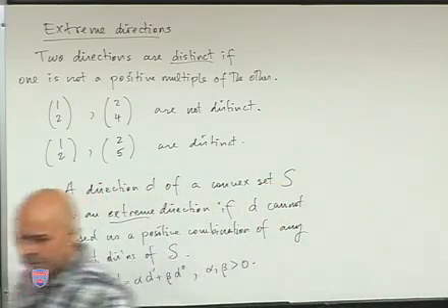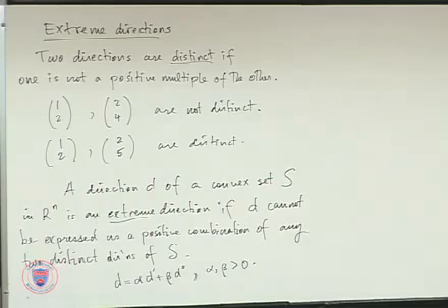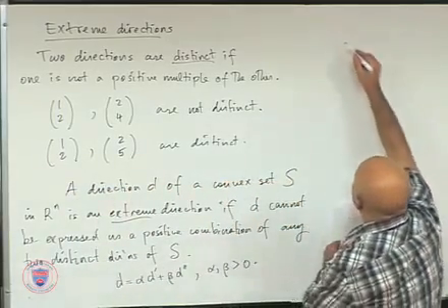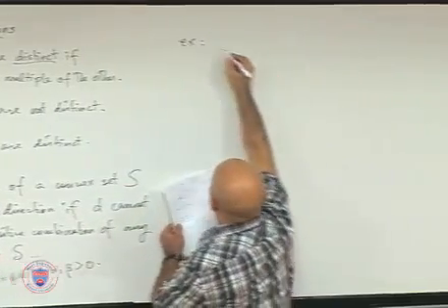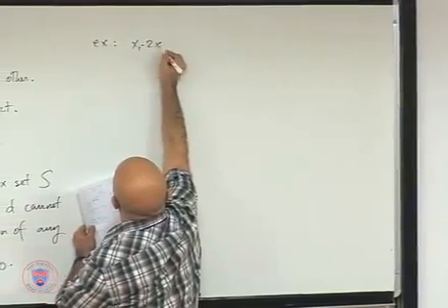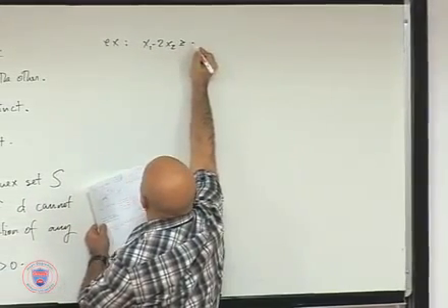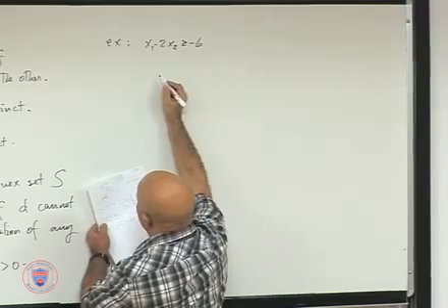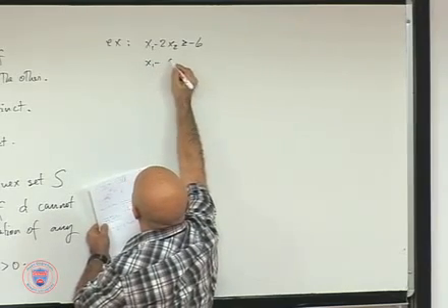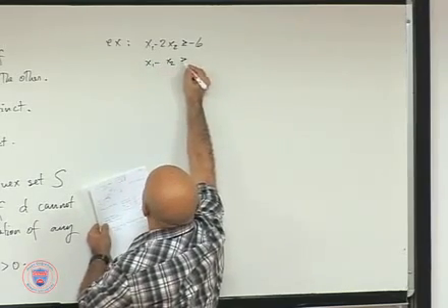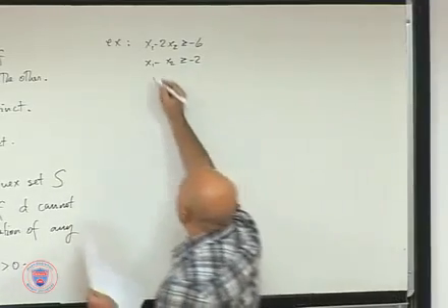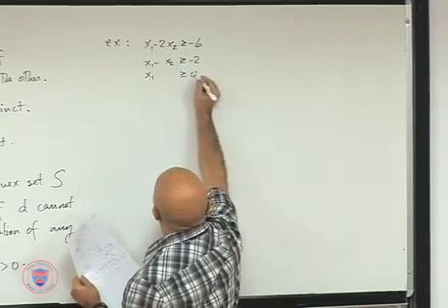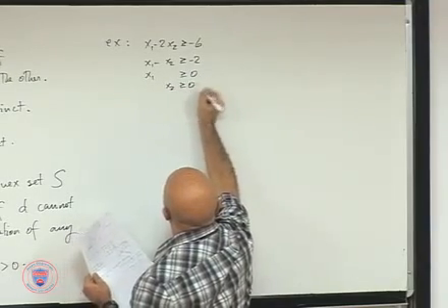All right. Let's look at the previous example we worked on. What was that example? X1 minus 2x2 greater than or equal to minus 6, and x1 minus x2 greater than or equal to minus 2, x1 and x2 non-negative.